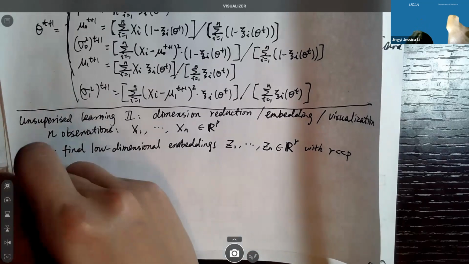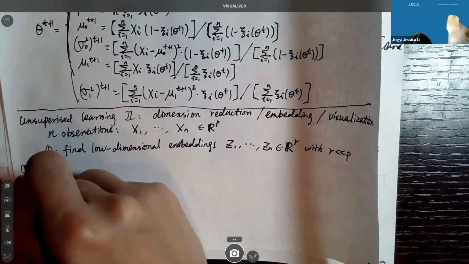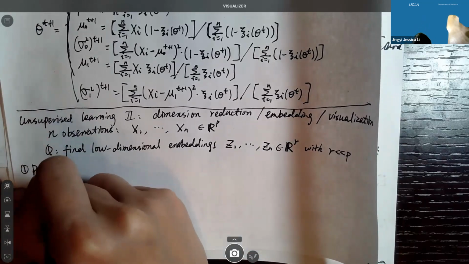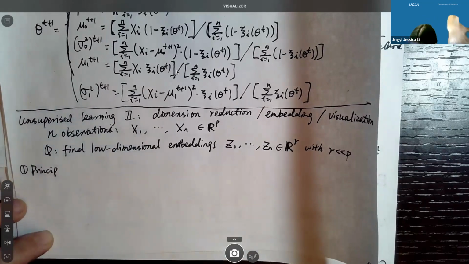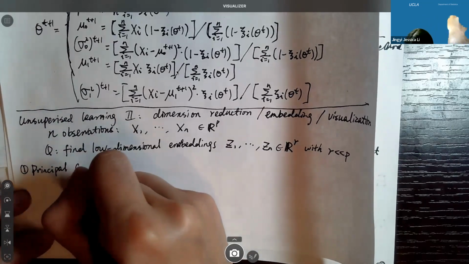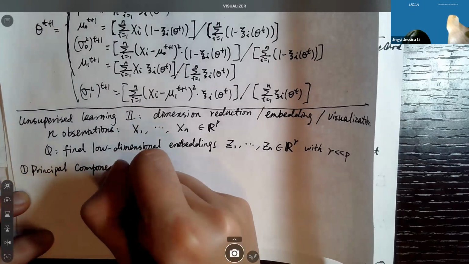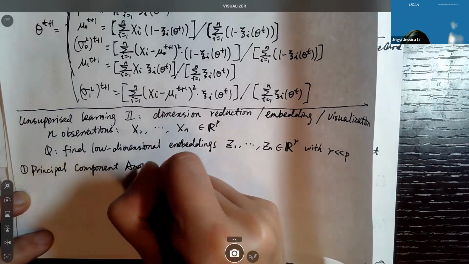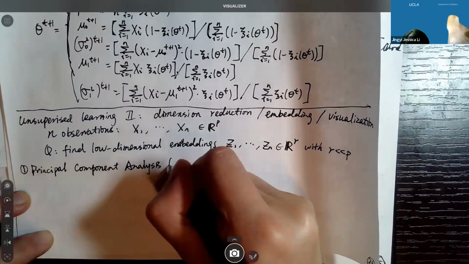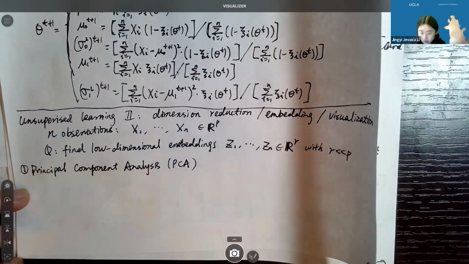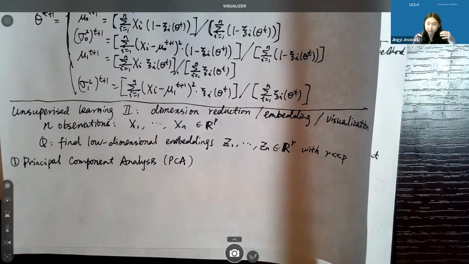So principal component analysis is always the method to talk about when we talk about dimension reduction. Okay, I think operation-wise, many of you must have used PCA before, right? You know what the output is.